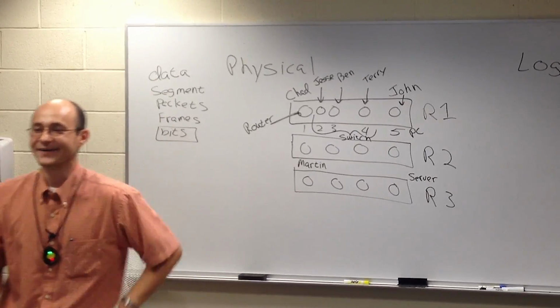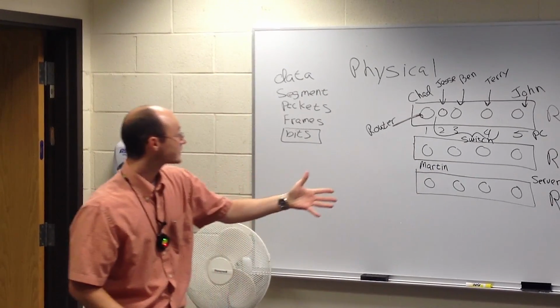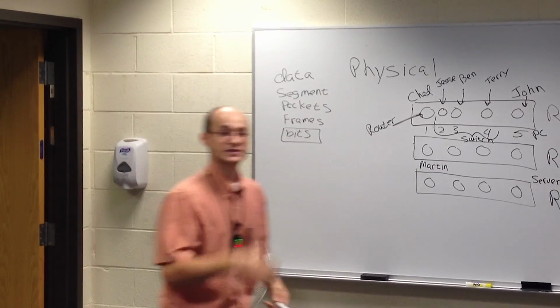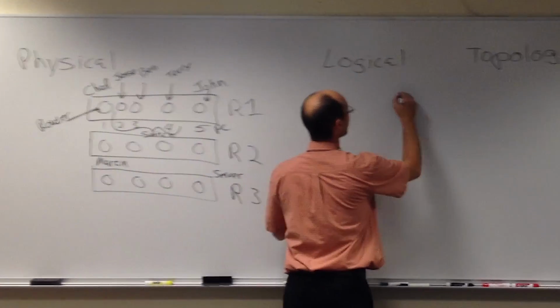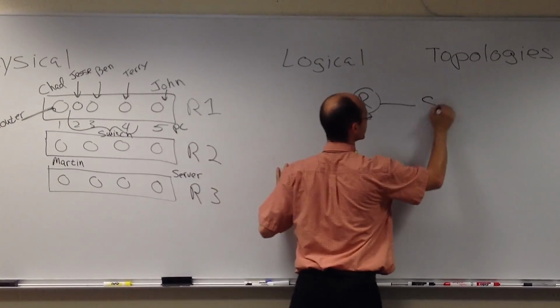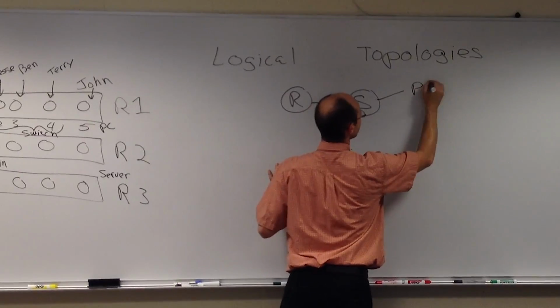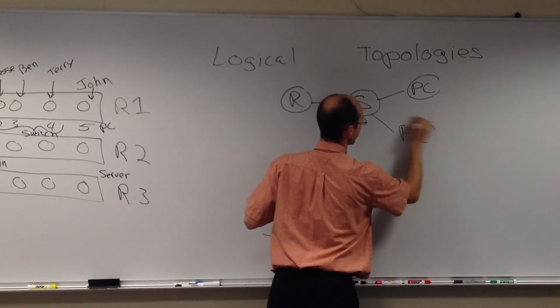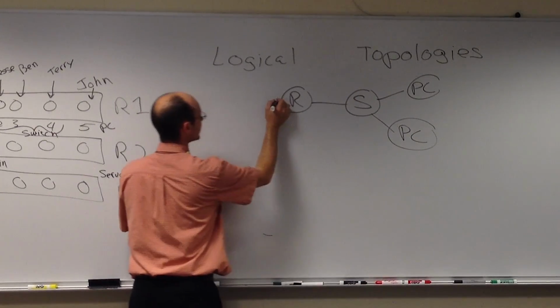Okay. Now, how does this look with network stuff? This is the logical way of doing it. We have a router connected to a switch, and from the switch, we have PCs. These routers are going to be connecting to each other.